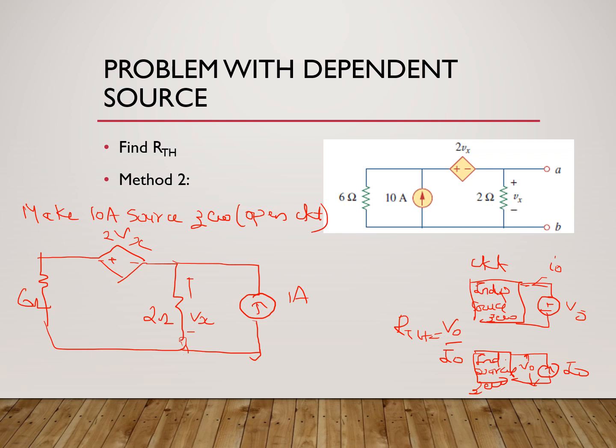The 1 ampere and the voltage across it is obviously Vx only. So if I apply node analysis at this terminal, I get Vx divided by 2 plus Vx plus 2Vx divided by 6. Why is it so? The current through the 6 ohm. So I'm applying node analysis at this point.